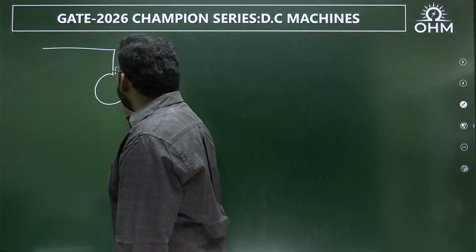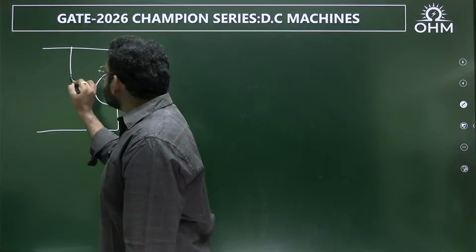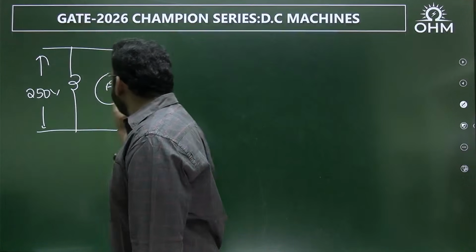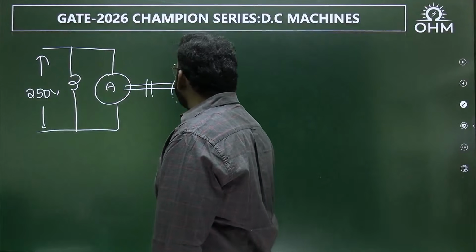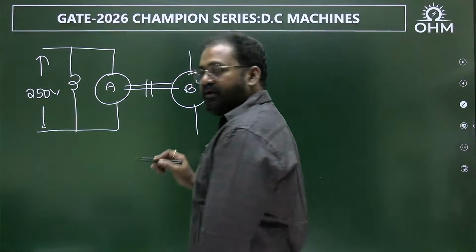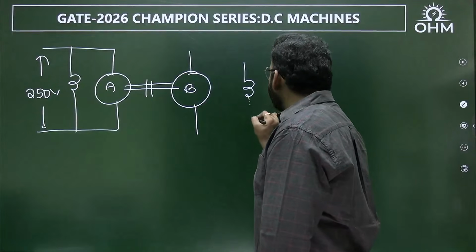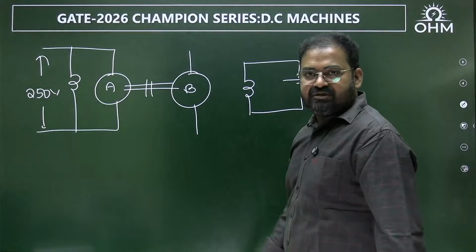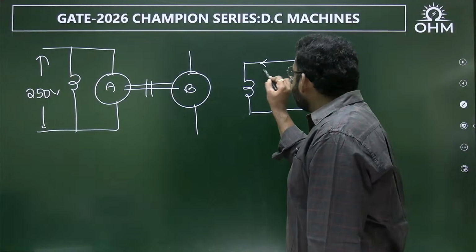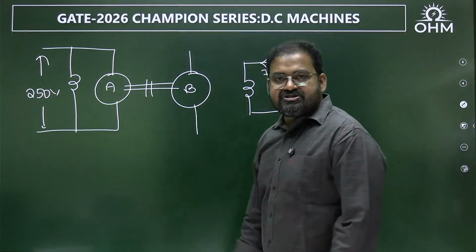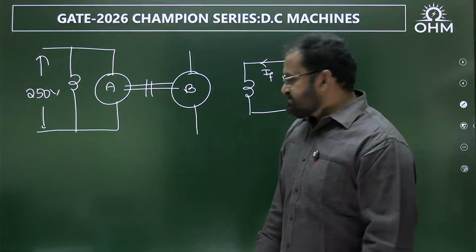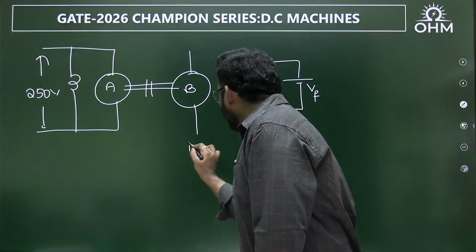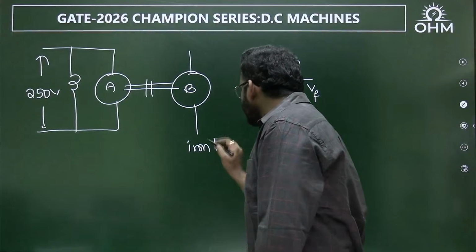So this is machine A, shunt excited. This is 250 volt. Machine A is mechanically coupled to machine B. But remember, machine B is separately excited. Some external DC source is used for machine B. As machine B is excited, there is a flux in machine B. There is a flux in machine B means which losses will be present? Yes, iron loss will be present because the field is excited.